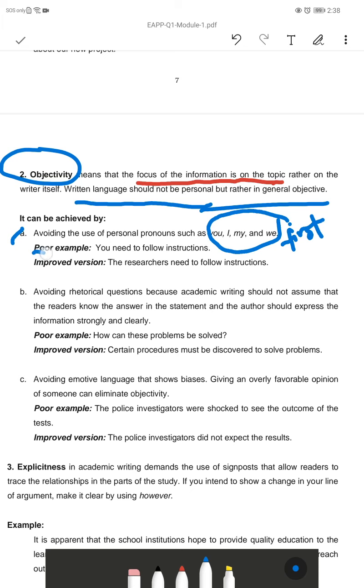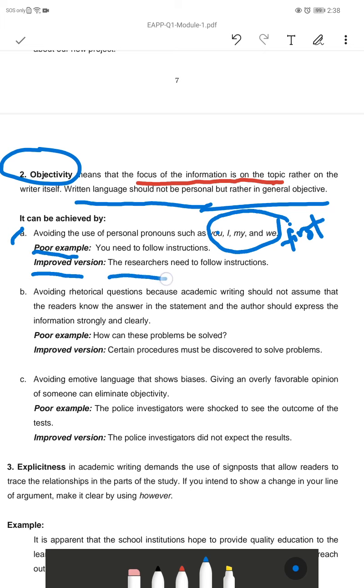So, a poor example here is: you need to follow instructions. You see there, the pronoun used is you. In the improved version, instead of using you, it is changed into third person, meaning we're not talking about yourself and we're not talking about the person you're talking to, but someone else.